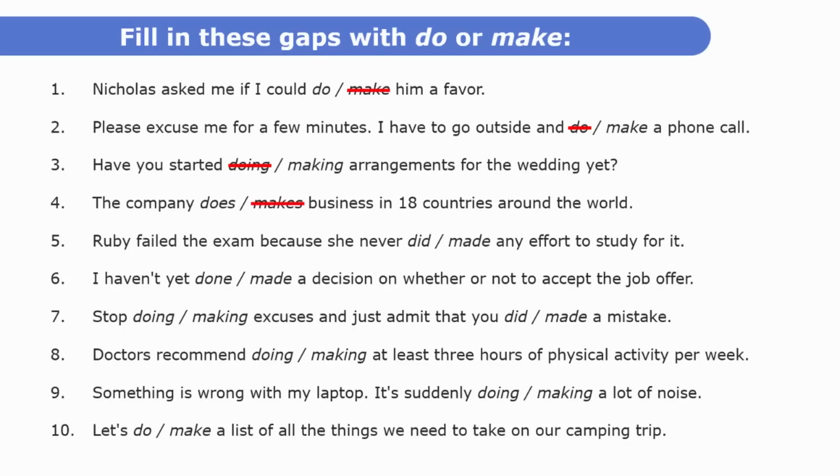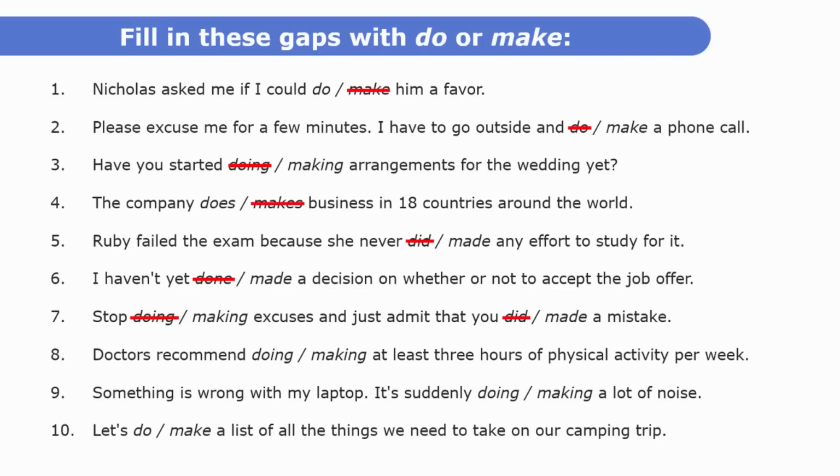Number 5, Ruby failed the exam because she never made any effort to study for it. Number 6, I haven't yet made a decision on whether or not to accept the job offer. Number 7, stop making excuses and just admit that you made a mistake. It's make in both cases.